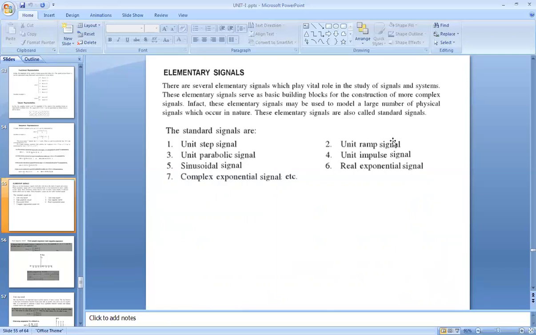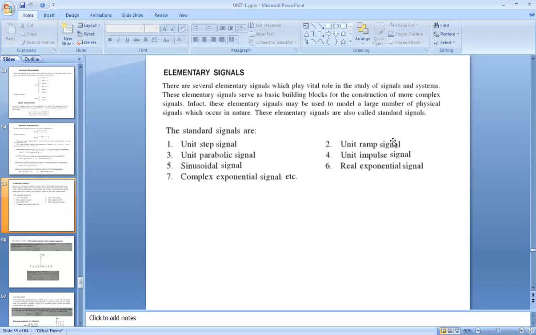These elementary signals serve as basic building blocks for the construction of more complex signals. In fact, these elementary signals may be used to model a large number of physical signals which occur in nature.